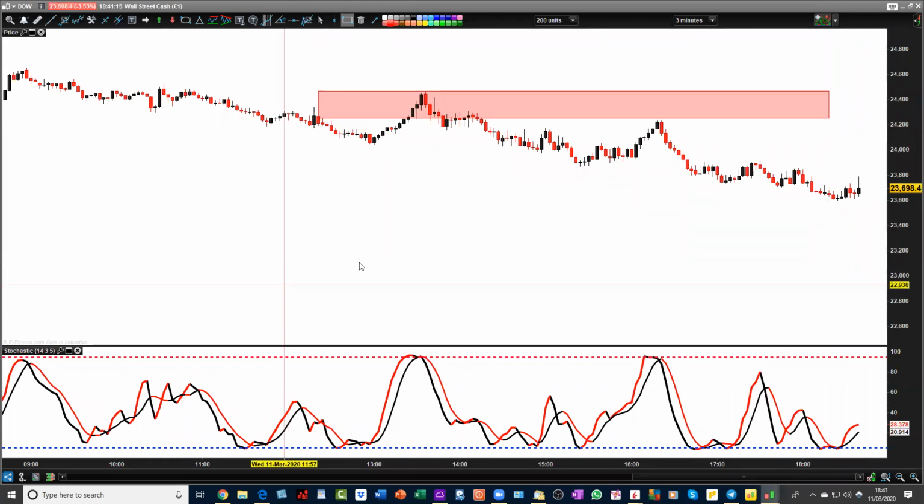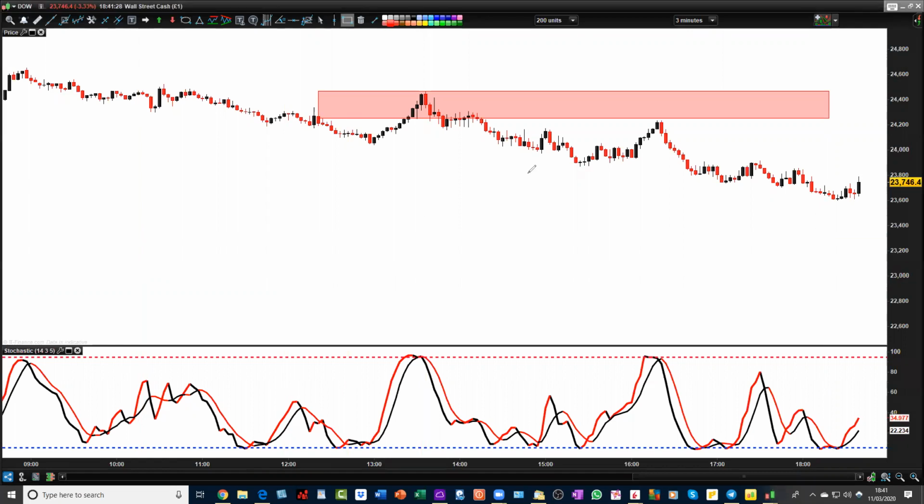Okay, now what we do in our live trading room is we have an anchor system. And what that anchor system does is it pinpoints the US Open. I don't trade the Dow to the London Open, only the US Open. If I was trading the DAX, I would do this in the London Open, but otherwise I wouldn't.